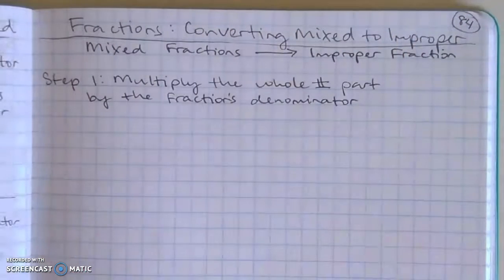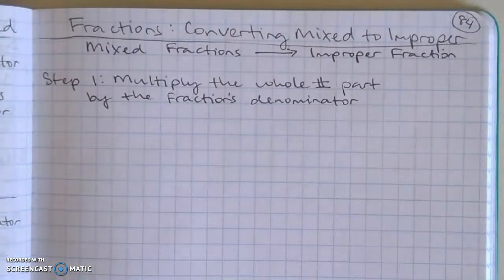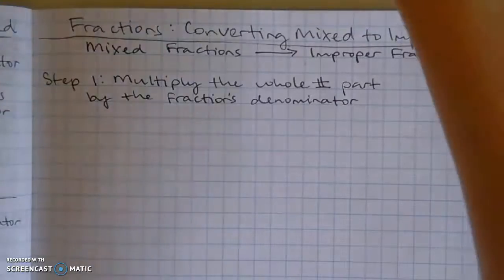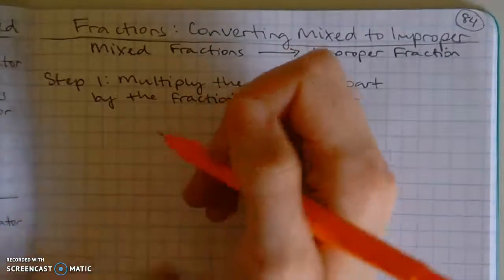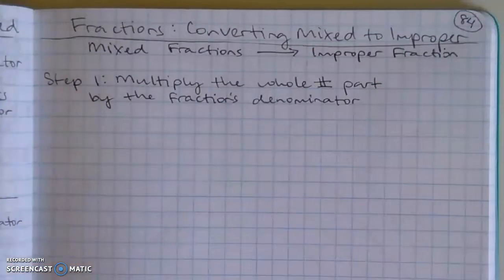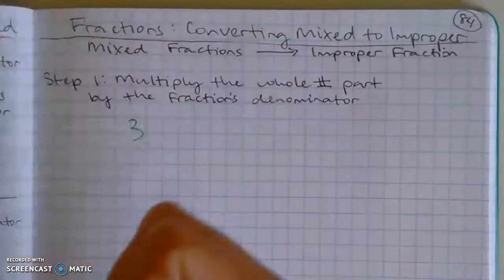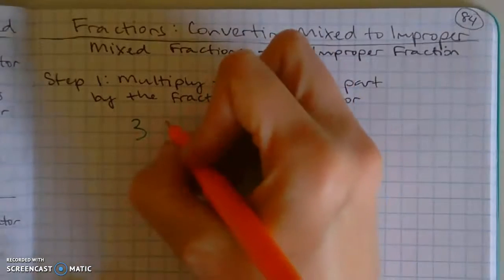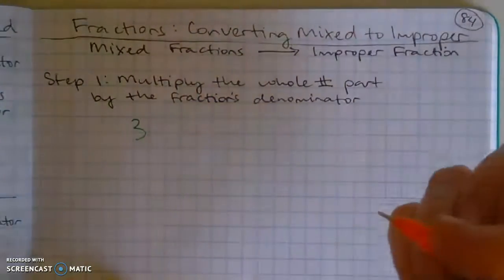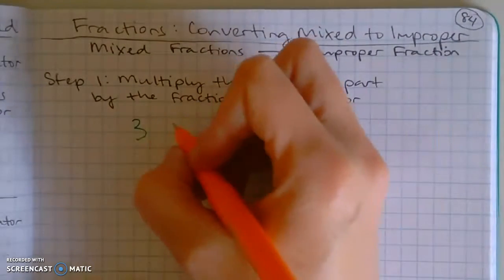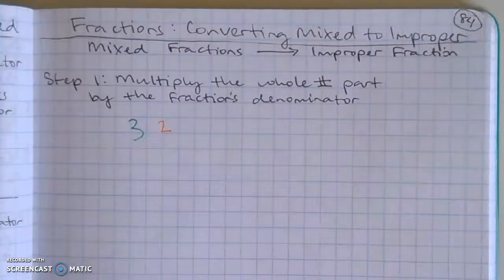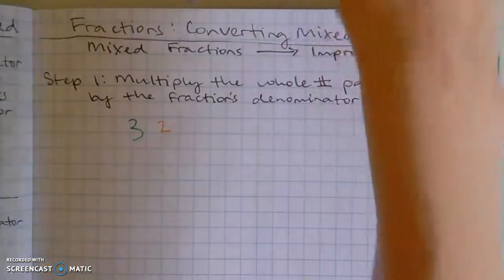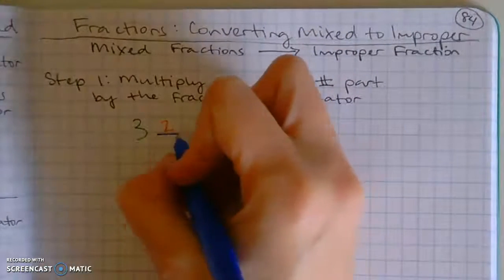Okay, so I'm going to kind of color code all of these pieces. So let's do the whole number in green. We're going to do the numerator in orange. And we will do the denominator in blue.